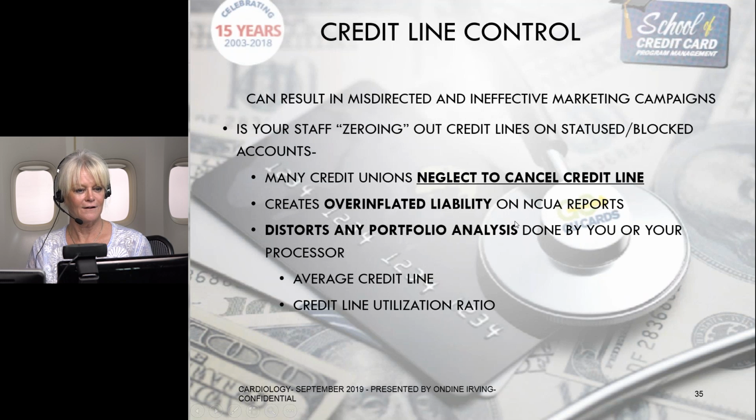Okay. All right, this is going to get into the analysis a little bit more. And if your staff, again, going back to the need for a product owner, is not zeroing out credit lines on status blocked accounts, and perhaps in some cases delinquent or whatever the case may be, guess what?